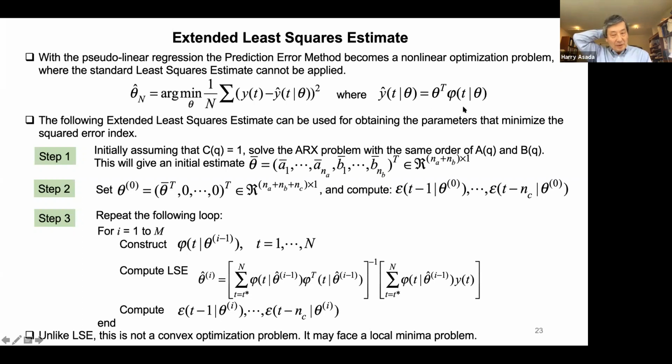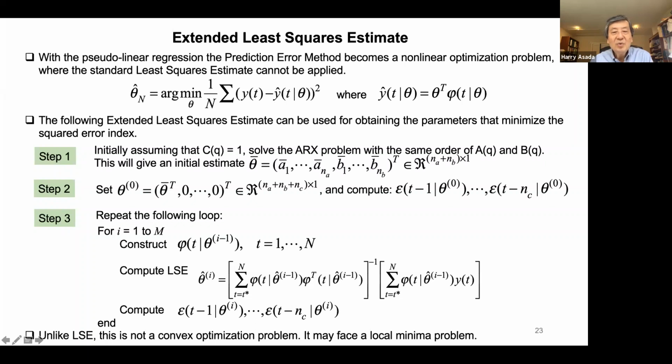To break that circular logic, we start with some best estimate for theta, and then using that theta, we construct this phi t theta, and then use it to predict the theta value.